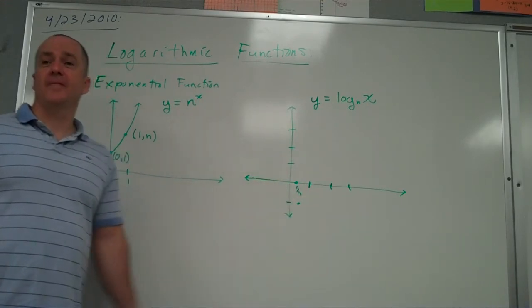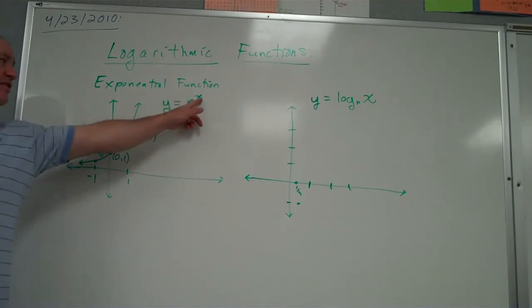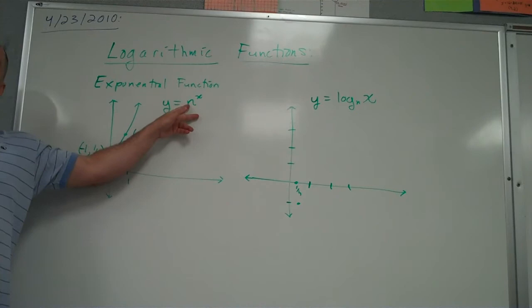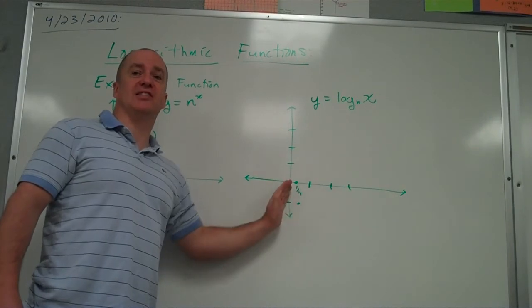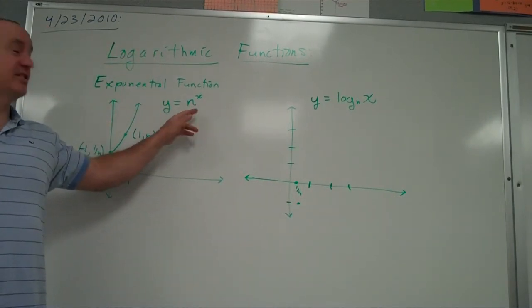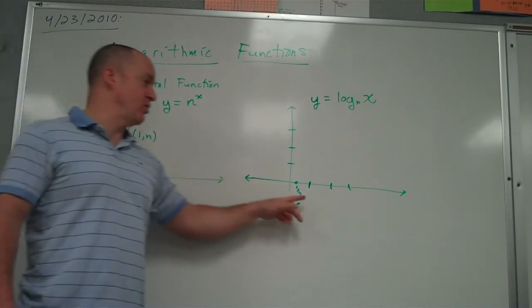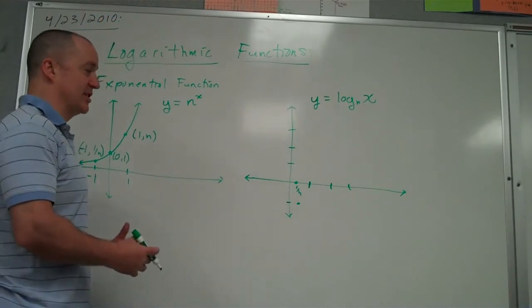When x is -1, it makes a reciprocal of whatever this number is. I'm just pretending it's somewhere in there. It's going to be something less than 1 as long as n is bigger than 1. If n is 2, 3, 4, 5, then this would be 1/2, 1/3, 1/5. I'm just kind of making it up for an example.